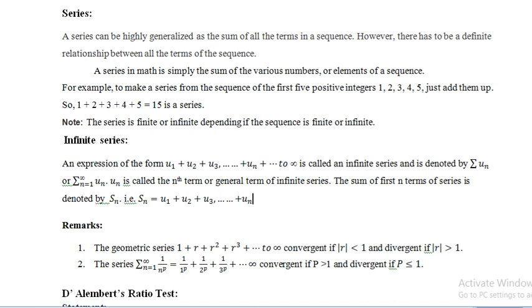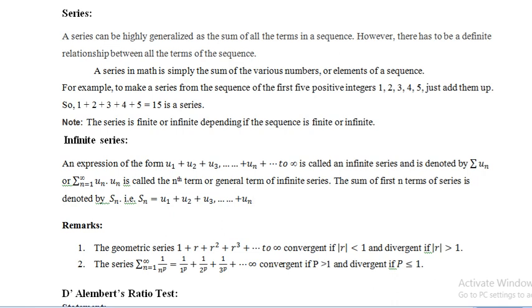This series containing an infinite number of terms is called an infinite series, and it is commonly denoted as summation of un, or sometimes summation n equal to 1 to infinity of un. Here un is called the nth term or general term of the infinite series.